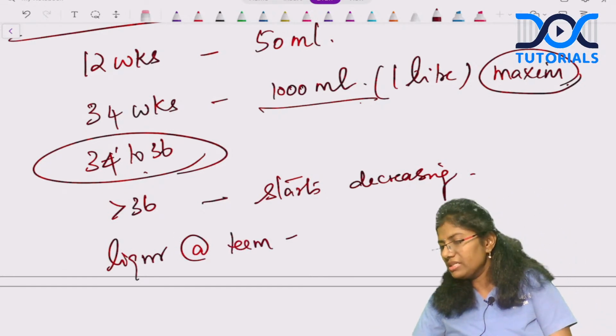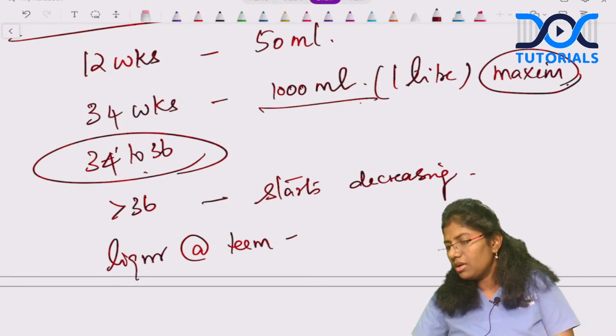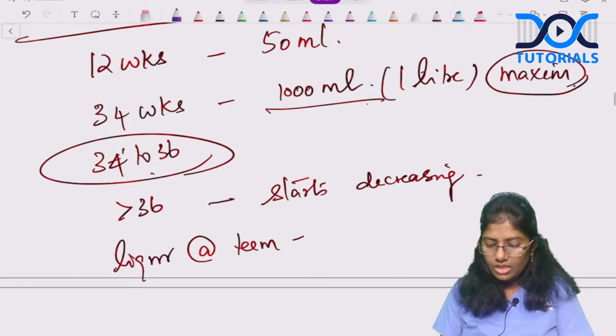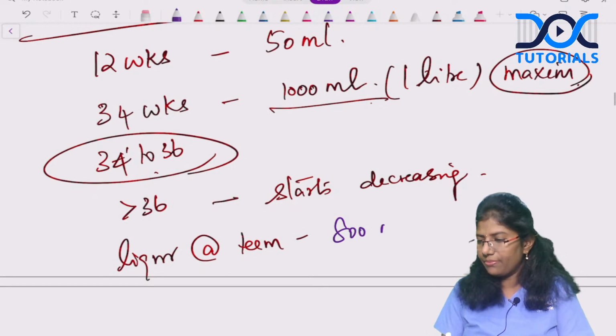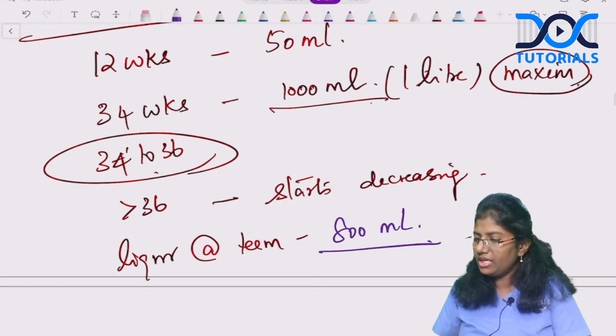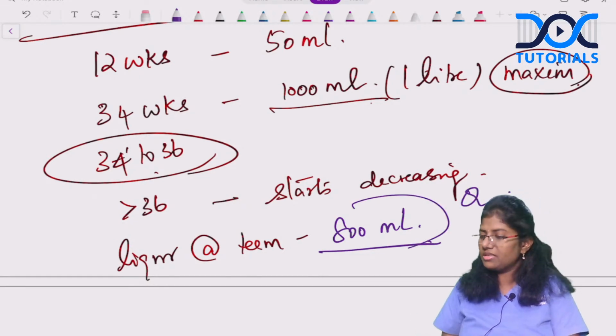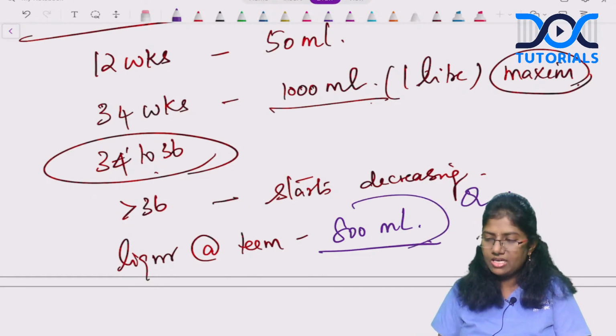Anybody? Taslima, Robin, Dana, what is the volume of liquor at term? At term, it is only 600 to 800 ml, among which the single best answer will be 800 ml. Correct? Yes, 800 ml.